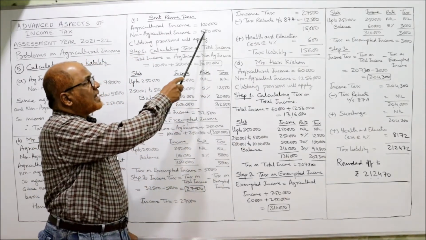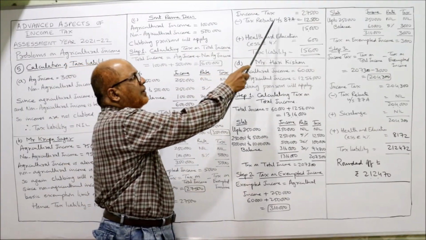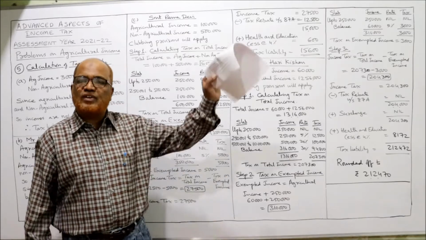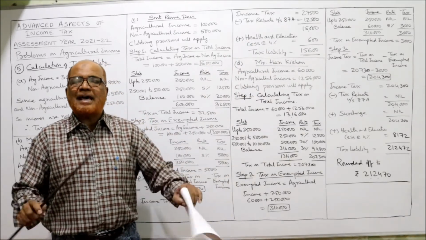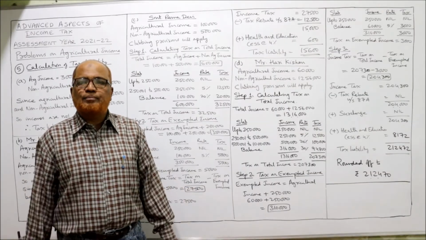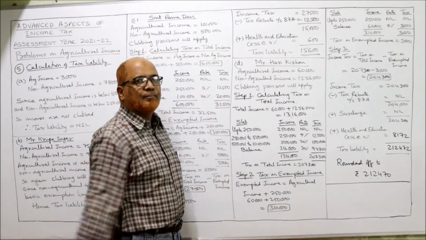Here it is exactly 5 lakh. So the tax rebate under section 87A is 12,500. This 12,500 is a fixed amount by the Income Tax Act.